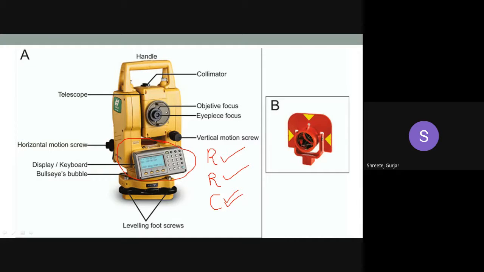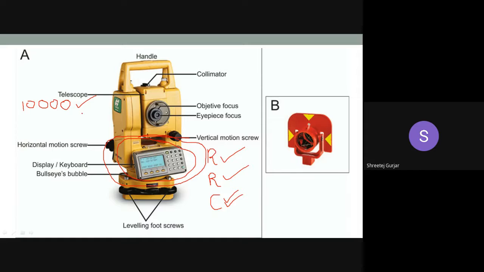This total station also has internal storage, just like your mobile phone. Suppose some model has a 10,000 recording capability, it will store 10,000 values or readings. That varies from company to company and model to model.